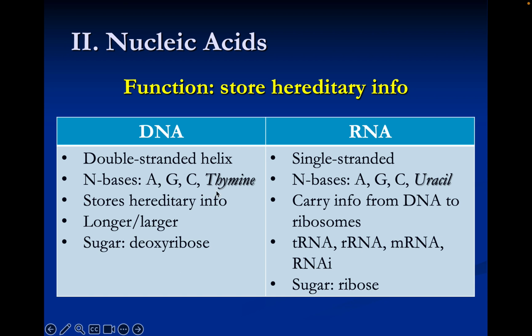It's made up of 4 nitrogenous bases: adenine, guanine, cytosine, and thymine. It stores hereditary information, and it is a very long, large molecule. The sugar that makes up DNA is deoxyribose. Remember, DNA stands for deoxyribonucleic acid.